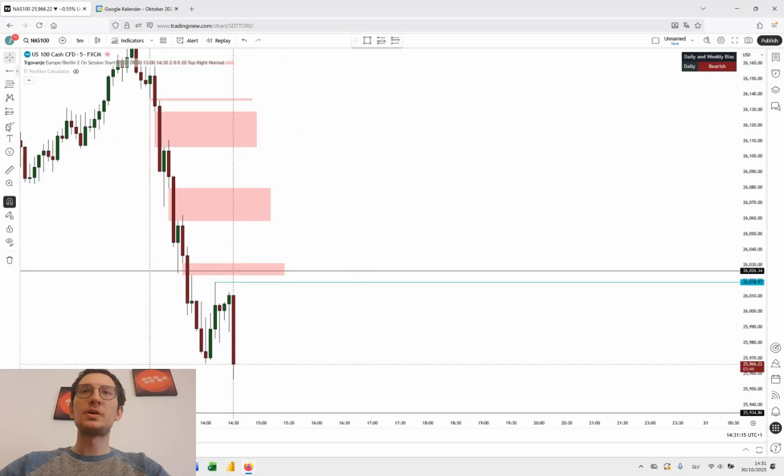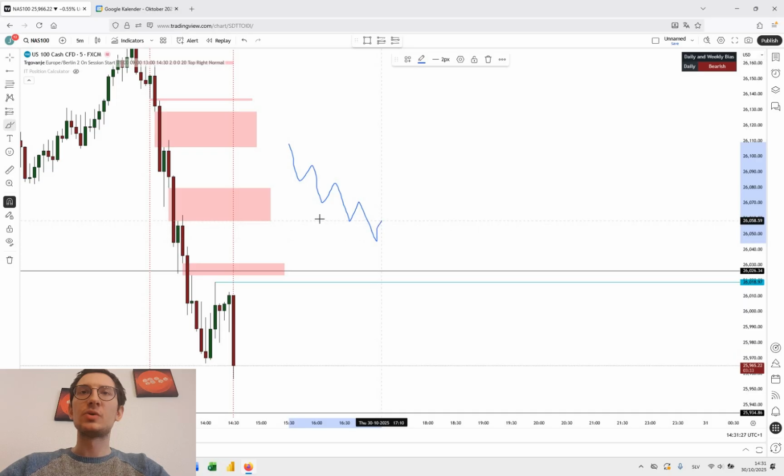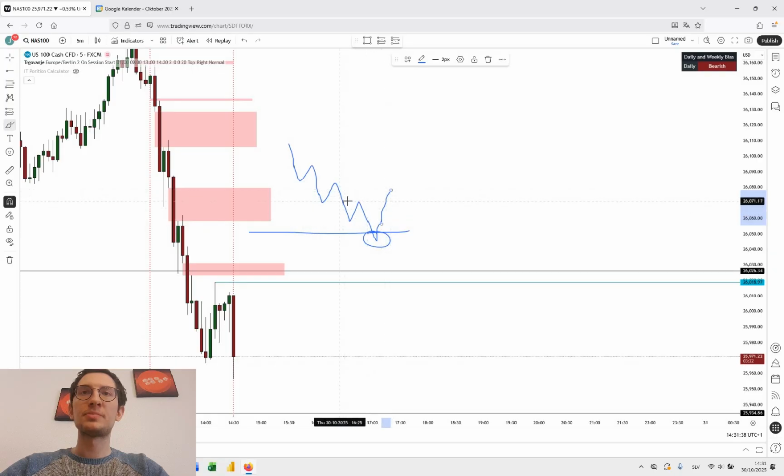Stock market just opened. Let me draw you again what the idea is. Right now we are in a bearish trend. So what will happen is we will wait for the price to sweep liquidity, let's say here. Here the price swept liquidity like this. We go up, we close, we break structure.